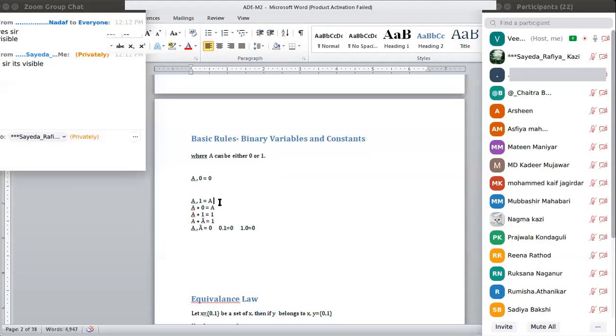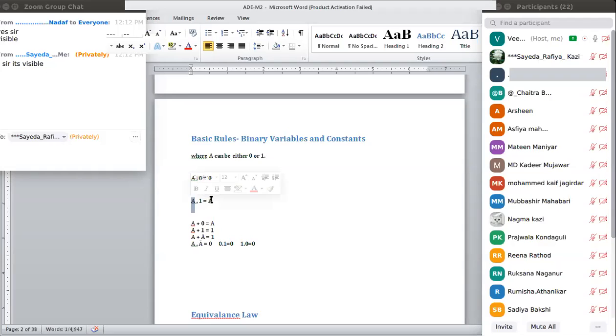And again, A dot 1 equal to A. That is, anything into 1 will be the same number, which is the first variable, A only. Let us take an example for this.